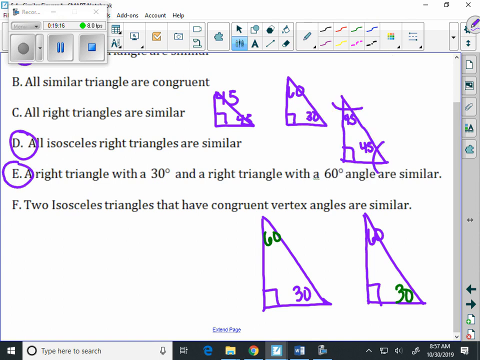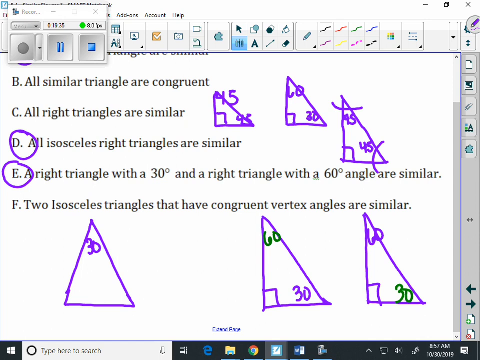And lastly, 2 isosceles triangles that have congruent vertex angles are similar. 2 isosceles triangles, so they don't have to be right, but we can pick some angle here.